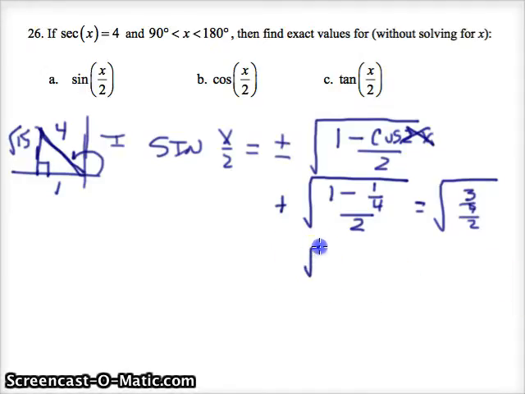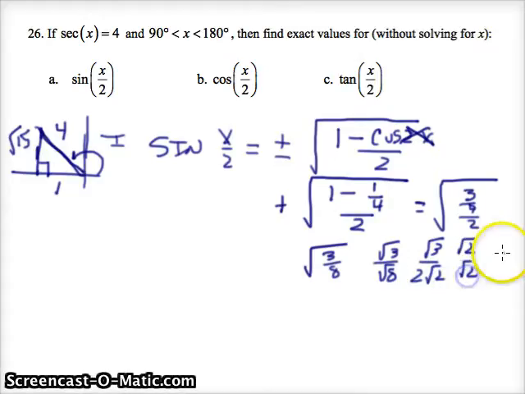So that's just going to be square root of 3 over 8, which is radical 3 over radical 8, which is radical 3 over 2 radical 2, radical 6 over 4. Okay, that would be the answer there.